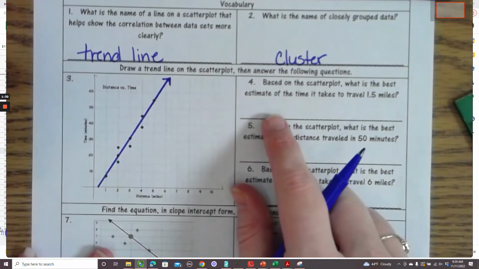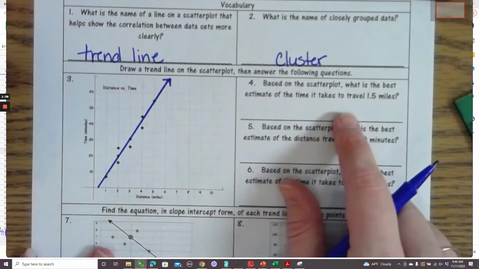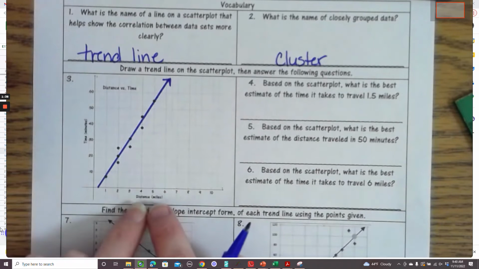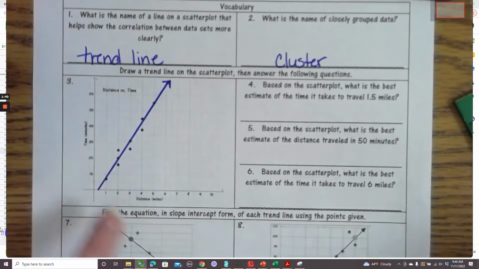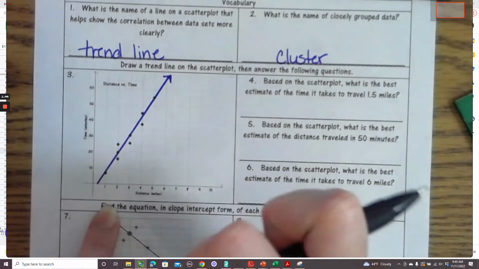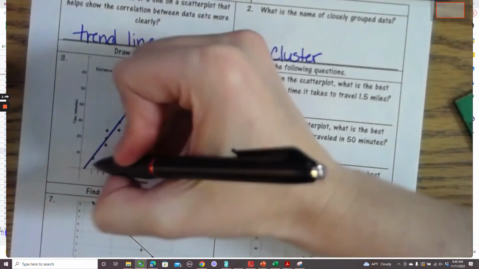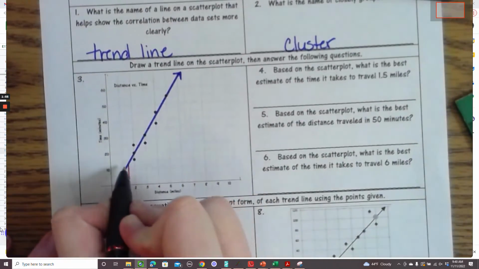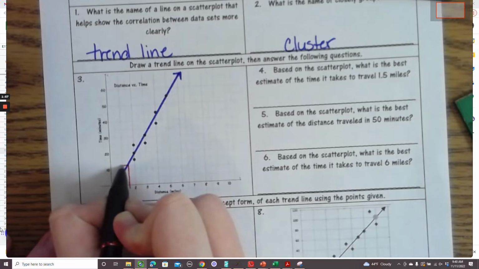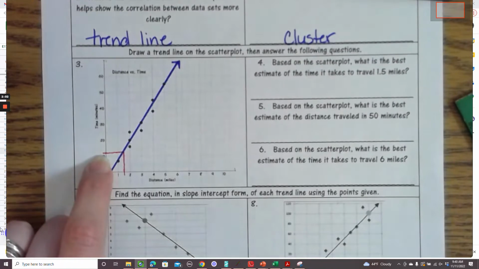Number four says, based on the scatter plot, what is the best estimate of the time it takes to travel 1.5 miles? Miles is here, time is over here. So 1.5 miles would be about here. I can follow that line till I hit the trend line I drew, and then I can turn and go the other way and see where I land.